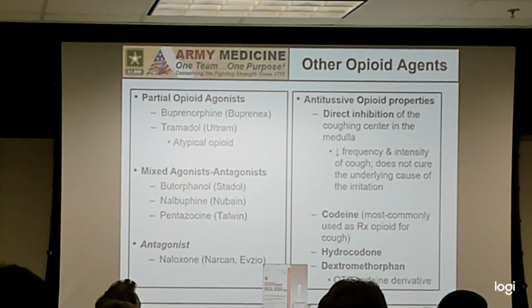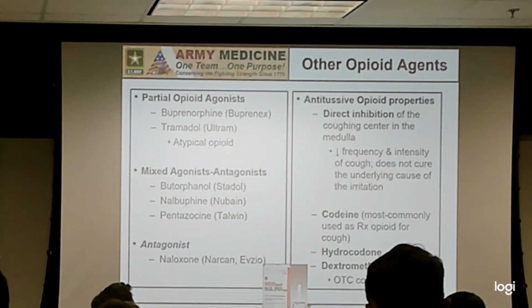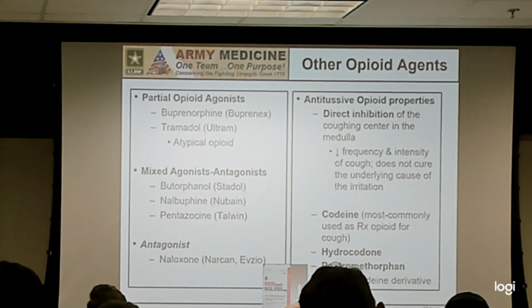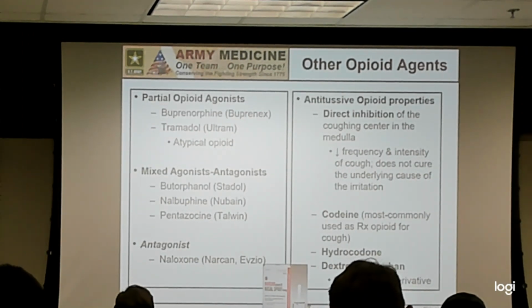And then when you're talking about naloxone, one thing that I want to point out is that you need to make sure the patient is having a pure opioid that you're giving naloxone for.